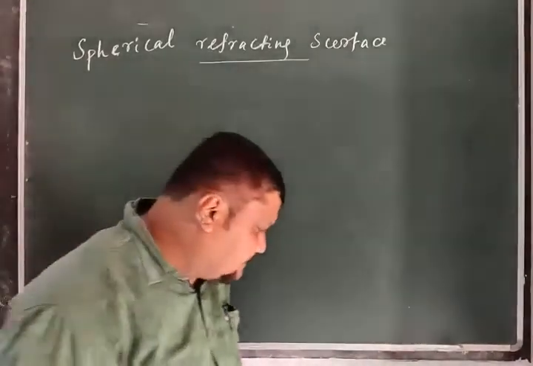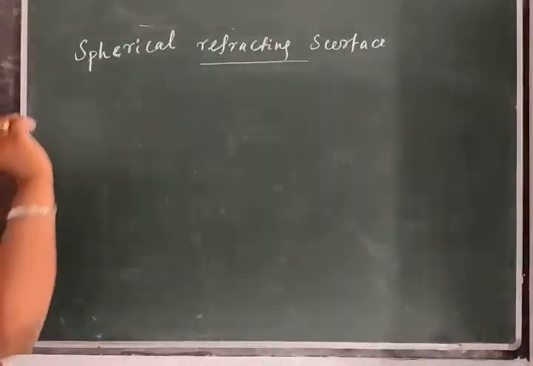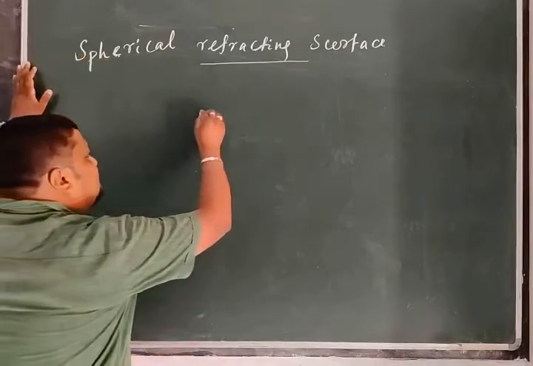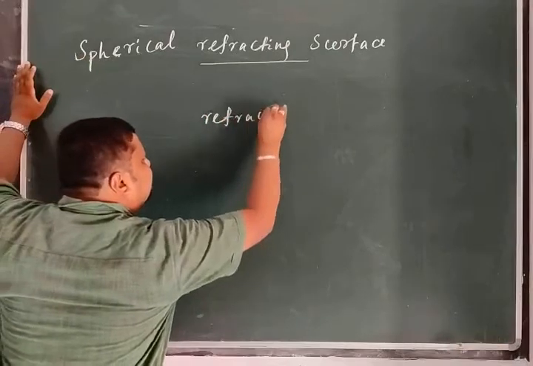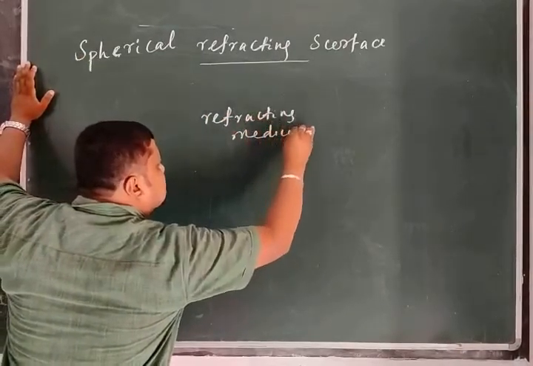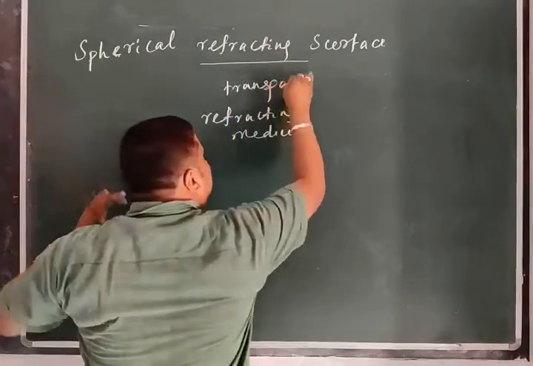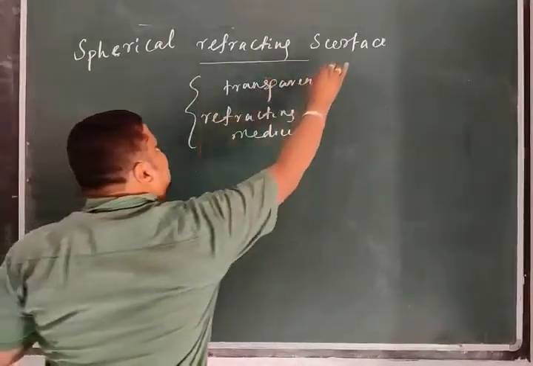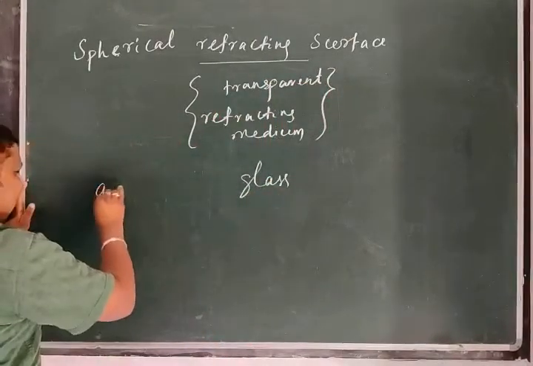Suppose there is a transparent refracting medium, like a glass medium, and there is another medium, air.